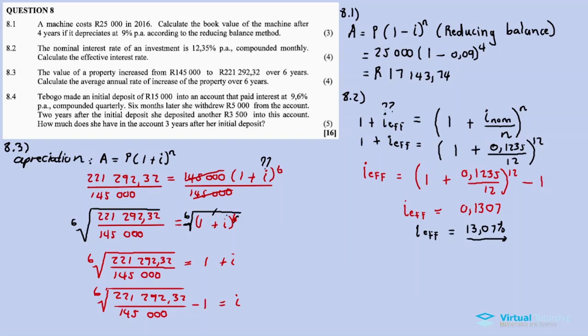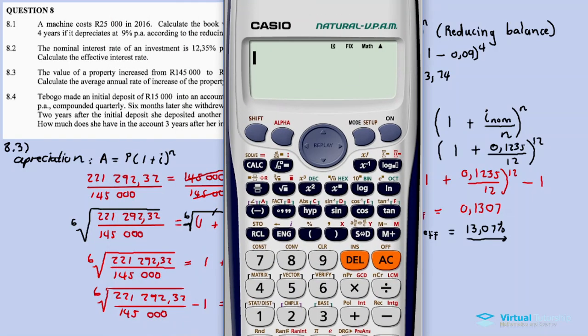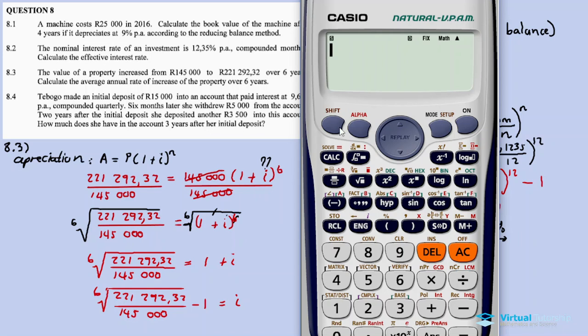Okay, let's calculate again, manje. The 6th root of 221,292.32 over 145,000, minus 1 equal to 0.0730.